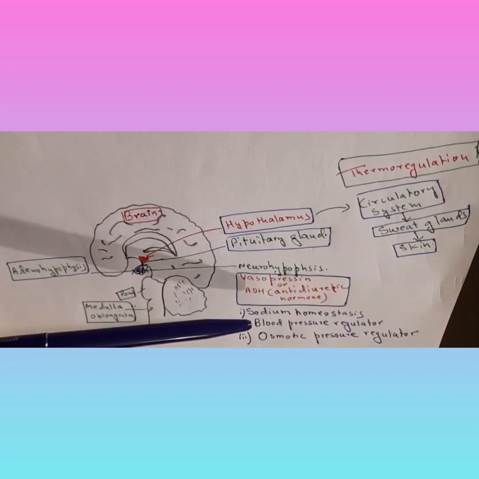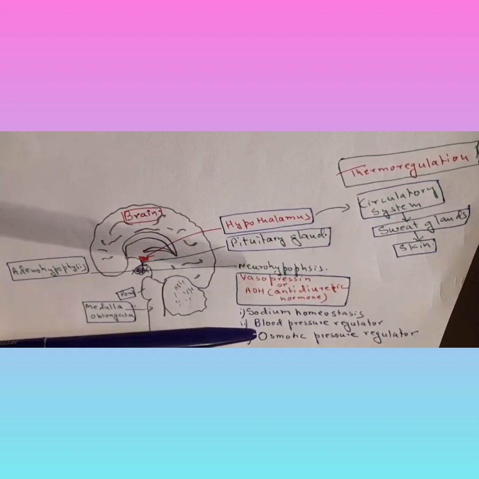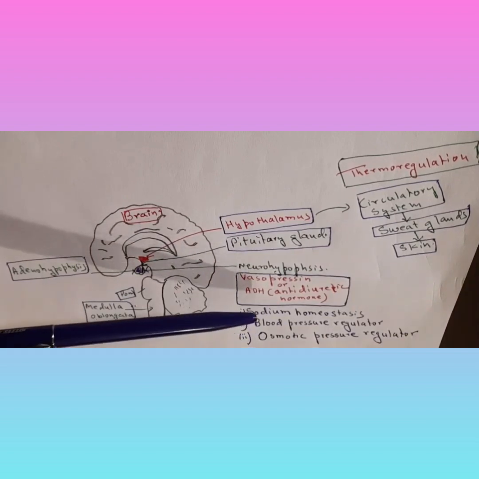It does sodium homeostasis, that is, maintains the balance of sodium in our body. It also does blood pressure regulation. When we are doing any physically exhaustive work or working out, we know that our blood pressure rises. All right, so that is being taken care of by vasopressin.